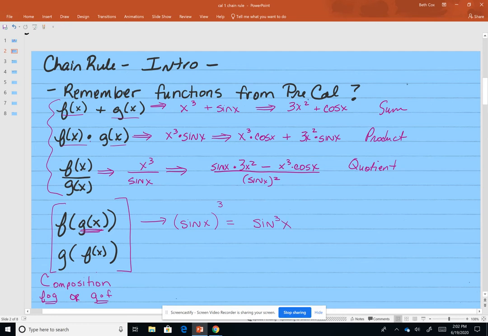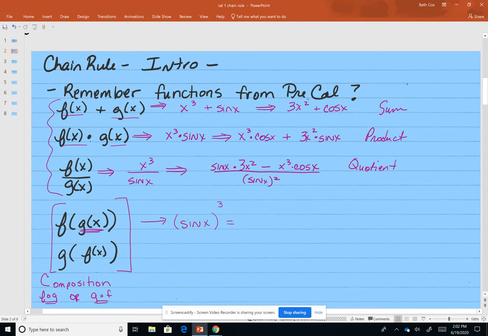But for the sake of finding the derivative, the chain rule says do the derivative of the outside function, and then multiply by the derivative of the inside. That's kind of the gist behind the chain rule.